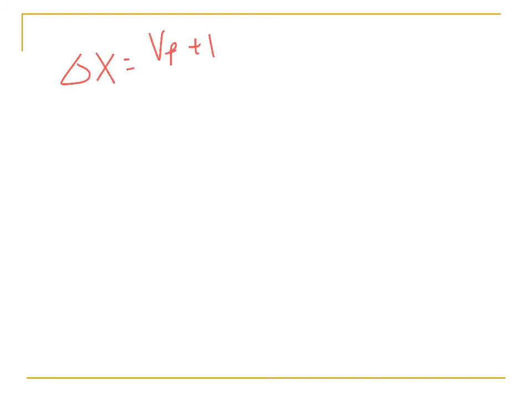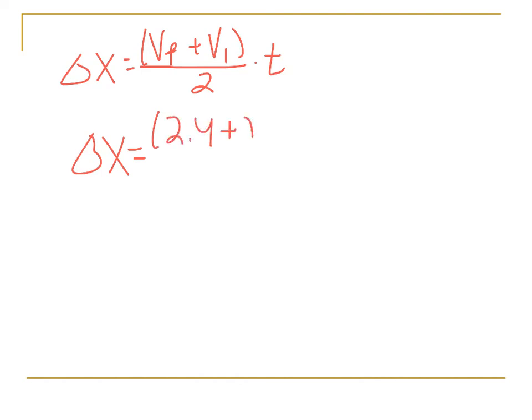Now you'll notice in the x direction, because I never have any acceleration, I'm always using this equation. Alright, so let's plug my numbers in from before. I have 2.4 plus 2.4 over 2 times my time of 0.35.